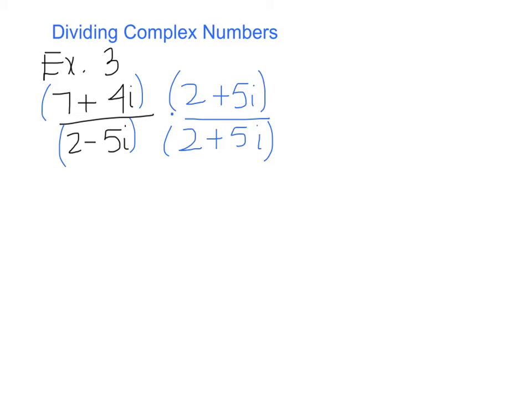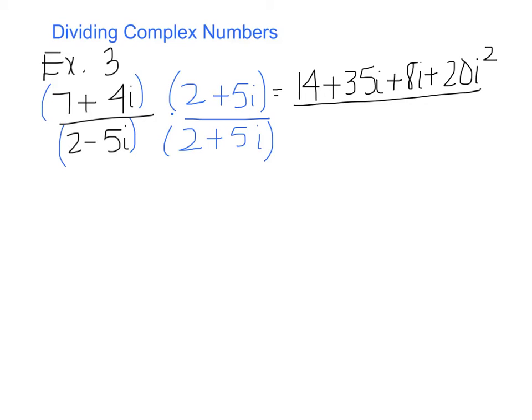So dividing does take a little bit more time. So you have 14 plus 35i plus 8i plus 20i squared all over. On the bottom, you're just going to get 4 plus 10i minus 10i minus 25i squared. These terms in the middle will always cancel in the bottom.